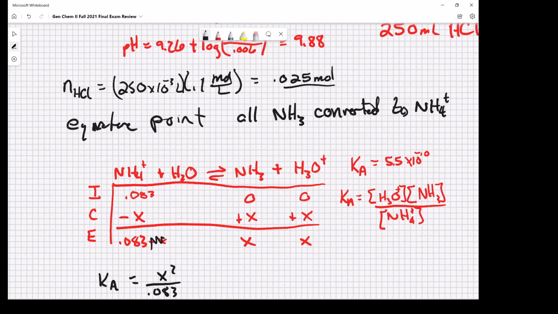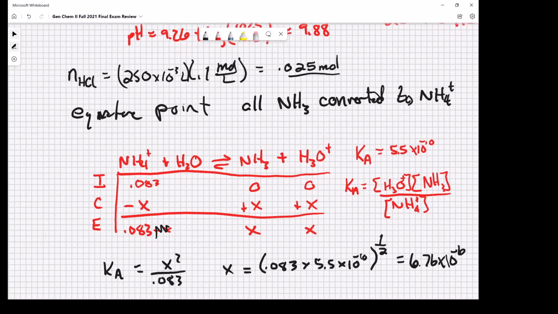And so we need to solve this for X. So X will be equal to 0.083 multiplied by the Ka, which is 5.5 times 10 to the minus 10, and then take the square root of that, right? 6.76. So that is my X, which means that is my H3O+ concentration.